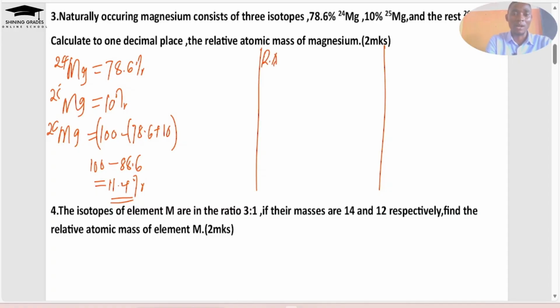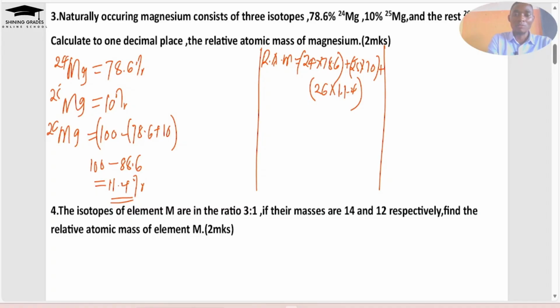Relative atomic mass is equal to, I will start with isotope 24 times 78.6, plus isotope 25 times 10, plus isotope 26 times 11.4.